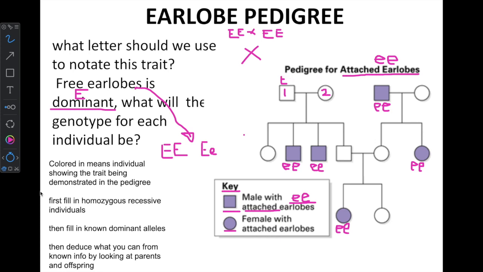Okay, so we know that homozygous dominant for both parents is not possible. So we're going to try another possible 2 genotypes.